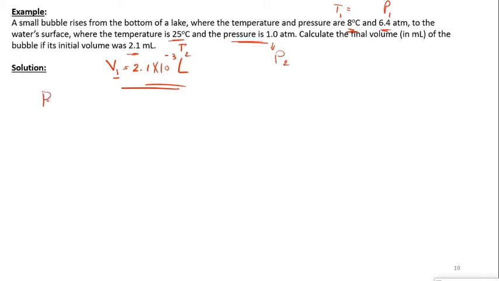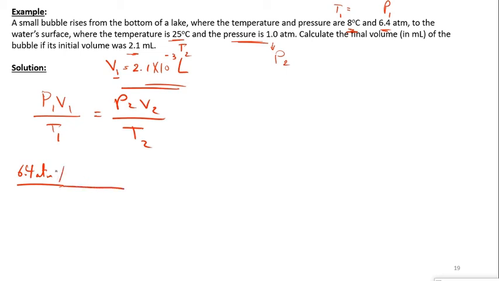Now I will apply the relation P1V1 over T1 is equal to P2V2 over T2. So P1 is equal to 6.4 atmospheres multiplied by 2.1 multiplied by 10 to the power minus 3 liters over T1. I should remember that this is in Celsius, so I have to convert to Kelvin.